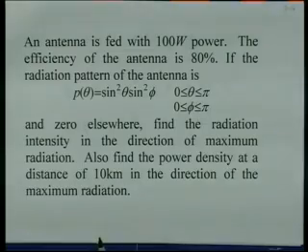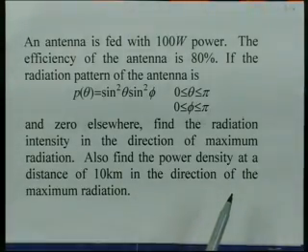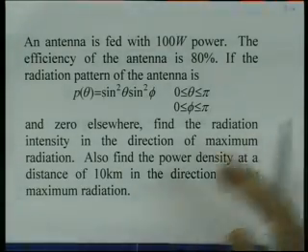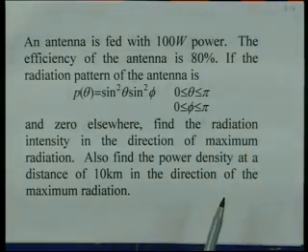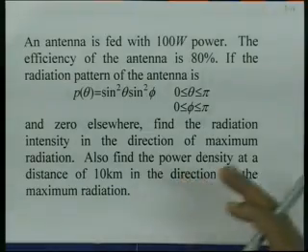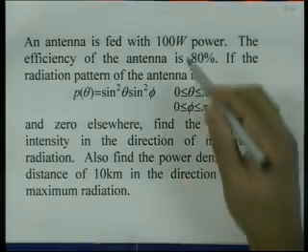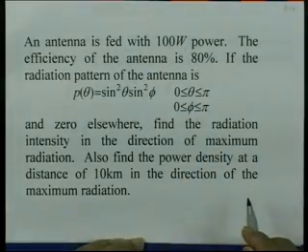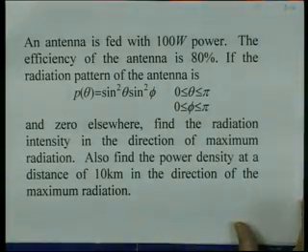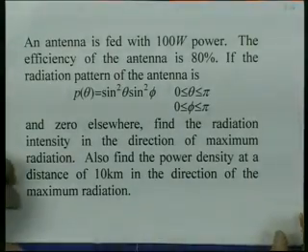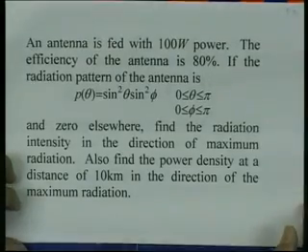So, the radiation intensity in the direction of maximum is increased compared to the isotropic antenna, and that increase is related to the directivity of the antenna. So, we have to calculate the directivity of the antenna. We can calculate the radiation intensity for an isotropic antenna once we know the power radiated by the antenna, and then from there we can calculate the electric field or the power density at a given distance.